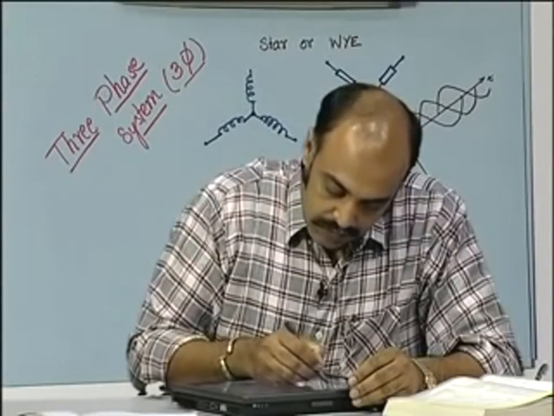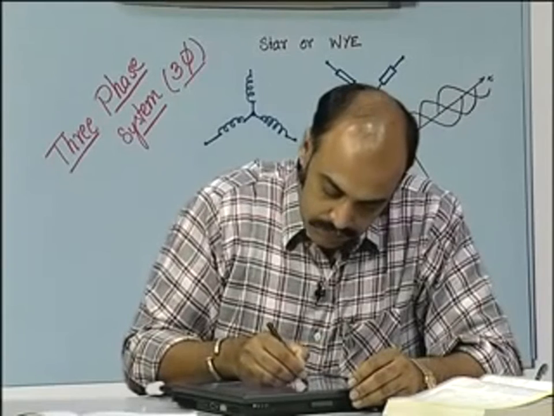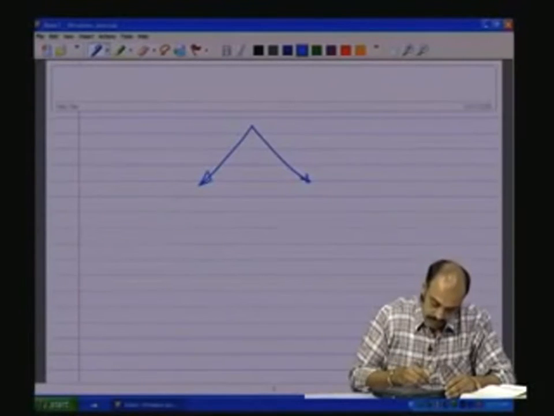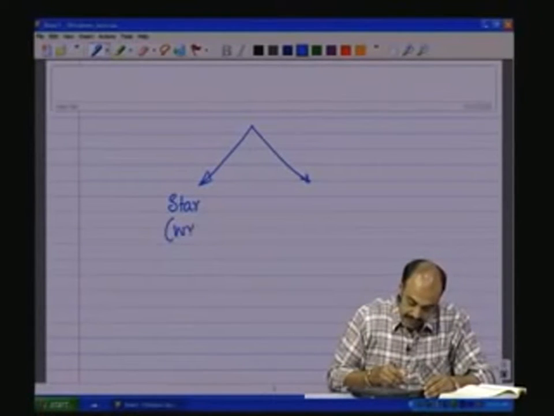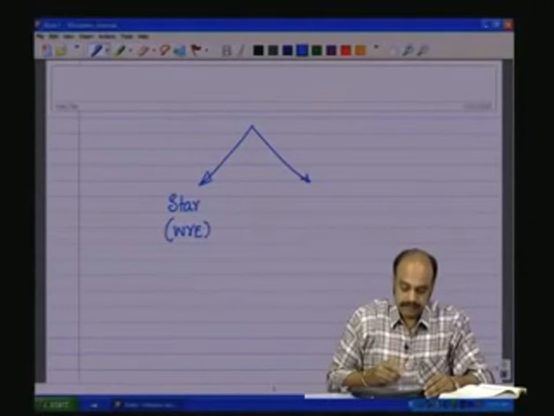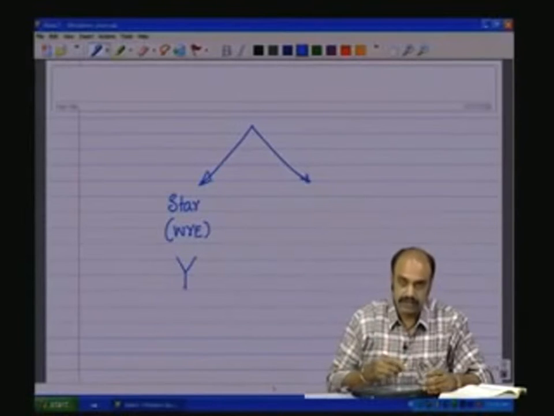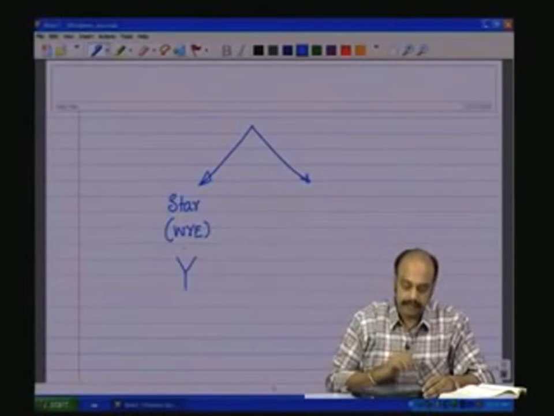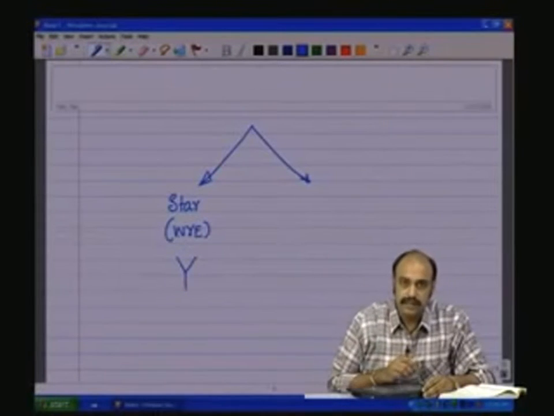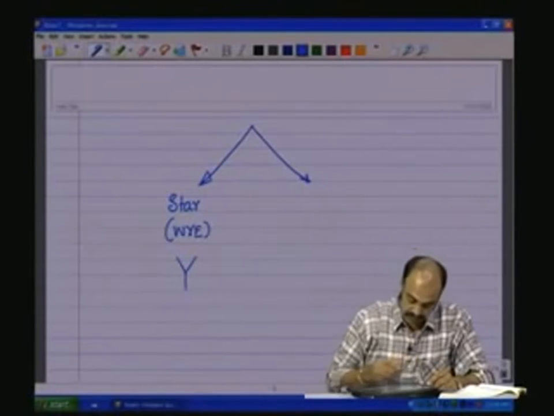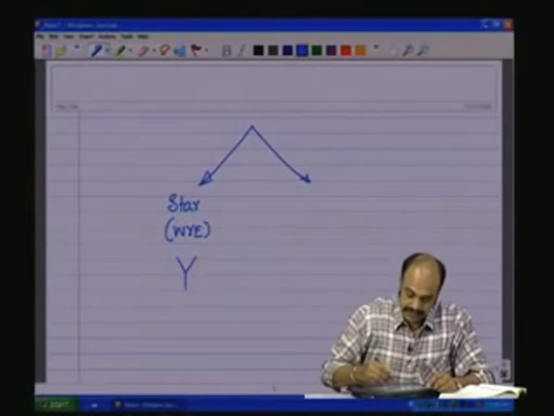So, we saw that there are two major types of three-phase circuits. One is called the star or Y. This Y means the shape of the letter Y, and because the circuit is in that shape, it is called Y and it is spelt as WYE. So, in the literature you will see that star circuits are also used, WYE Y circuits are also mentioned, they are one and the same.